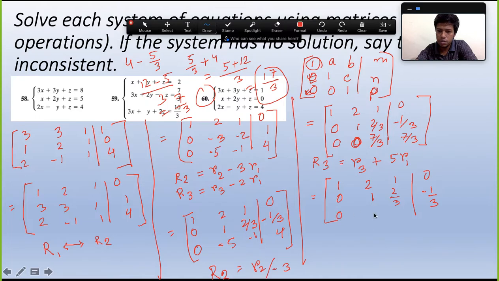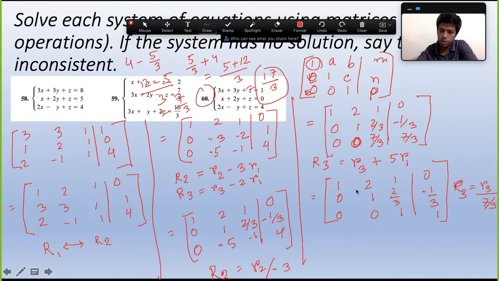Then this is 0, this is 0, and divide the whole thing by 7 by 3, because this is 7 by 3, this is also 7 by 3. So this will become 1, this will also become 1. So what we have done in the last line is row 3 equals row 3 divided by 7 by 3. Then you get 1 and 1 here.